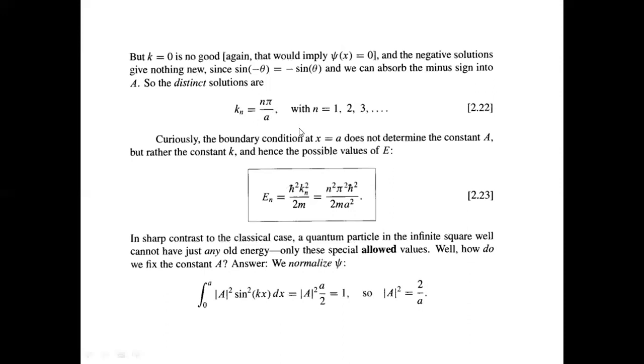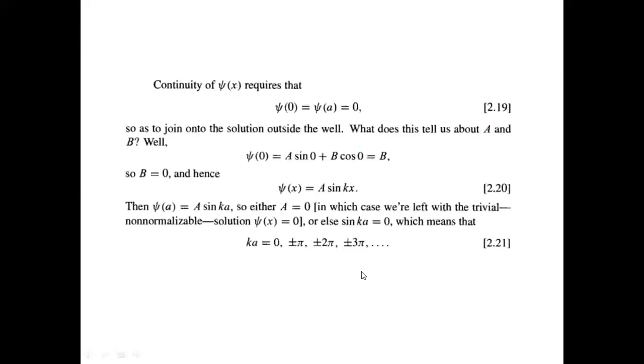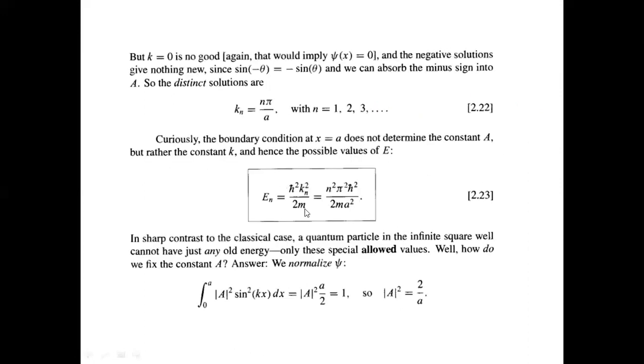Here is how we obtain that. k and E are related by this relation. So you substitute the value of k_n into this equation, where we have defined k in terms of energy, and you will get this expression for E_n.